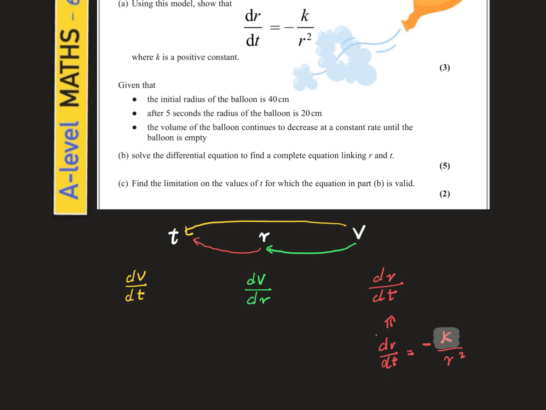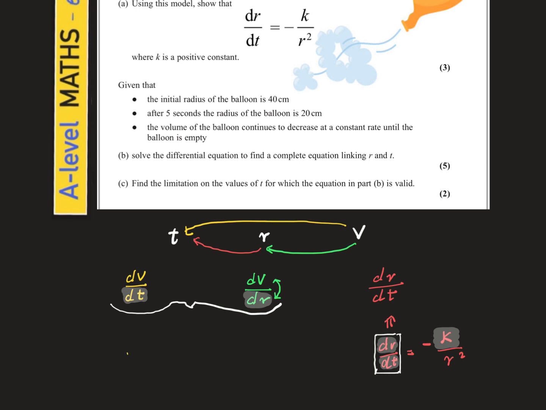So can I express dr over dt in a different way using these two expressions? All right, I have dr in this expression, and I also have a dt in this expression here, except that they're both in the denominator. That's not a problem. If I was to rearrange dv over dr and reverse it, I can multiply the two together.